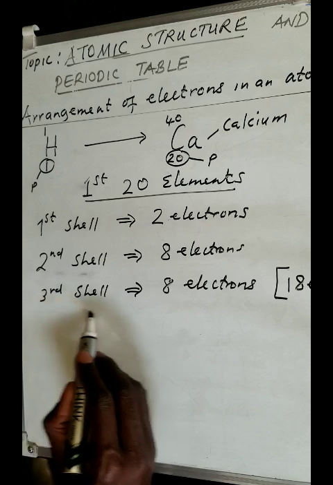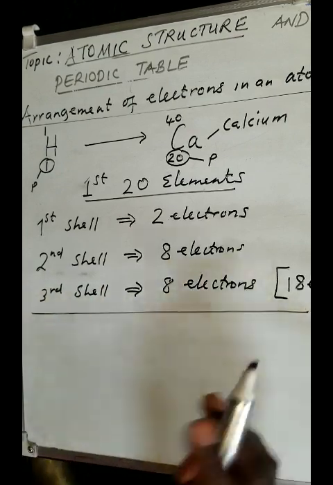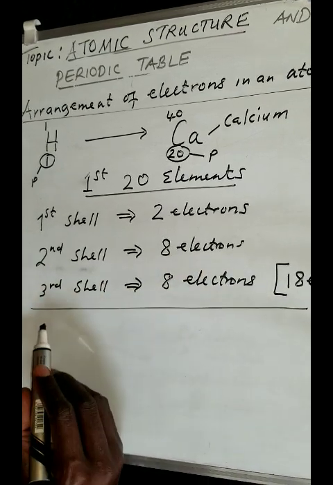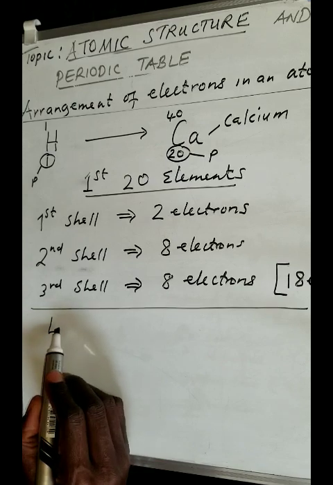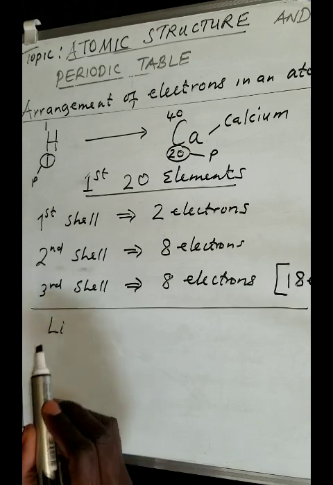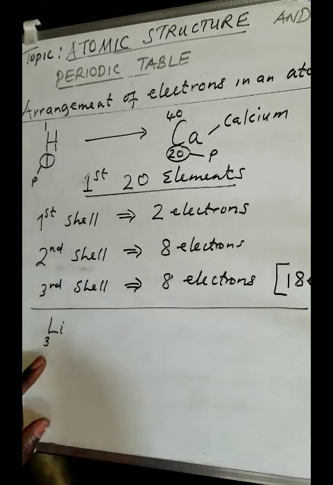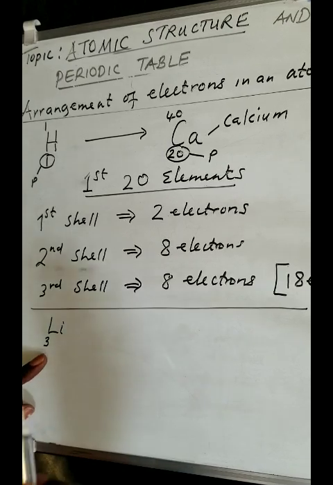Let me show you what I mean when it comes to writing the electronic configuration. Let's take, for example, lithium, proton number 3. We use the proton number to write the electronic configuration.